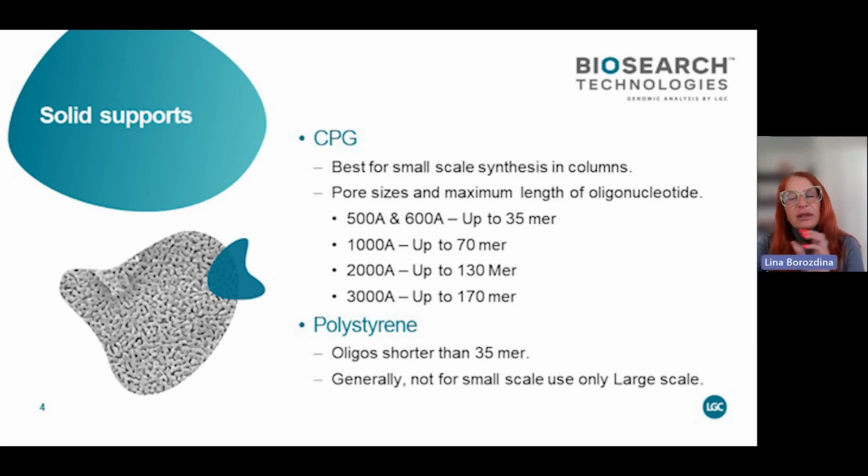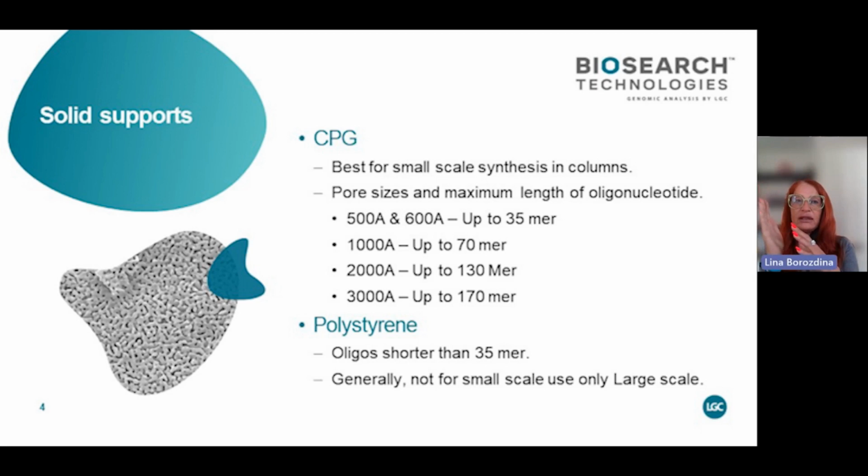There is a different solid support. It's called polystyrene. That is a bead that's coated with a linker. Imagine a little ball or a little hedgehog that kind of curled in on itself. The difference between the two is that polystyrene only has a surface area. So when you're trying to make a really long oligo on it, it's not going to happen.